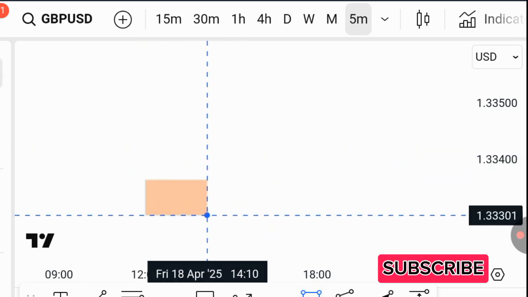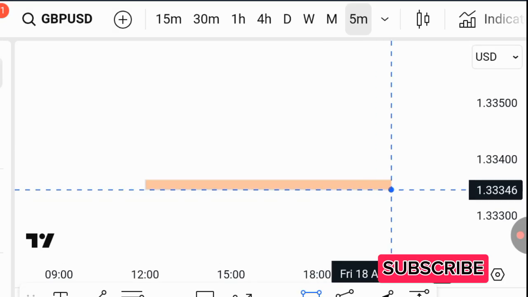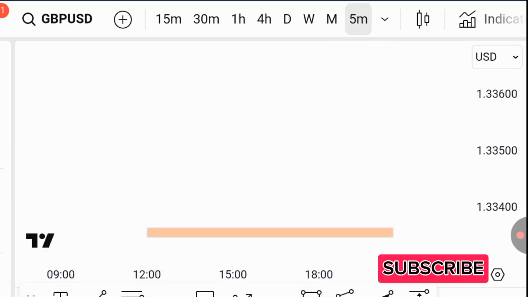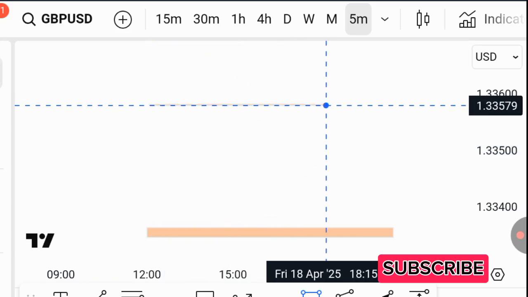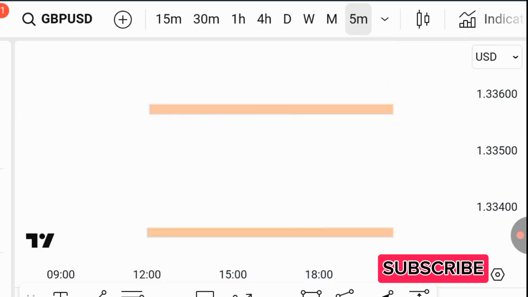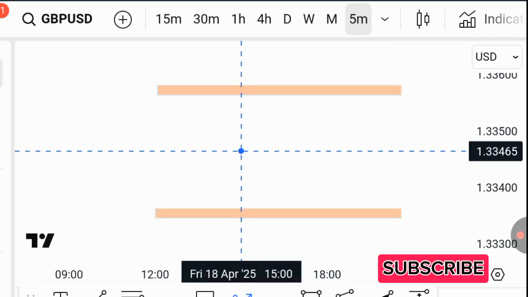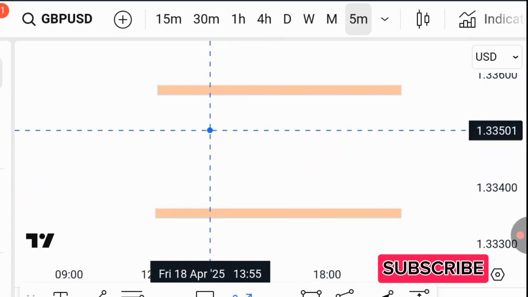So this is an example of, let's call this our support level, and then let's call this our resistance, which is our supply level, right? This is our supply, this is our demand level.